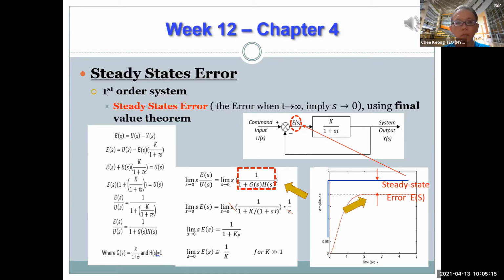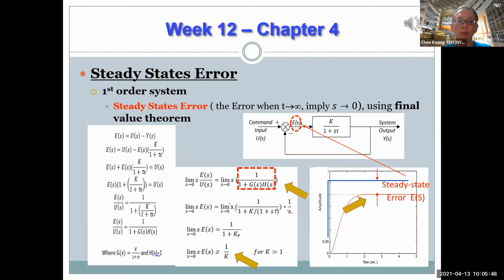E of s over u of s is always equal to 1 over 1 plus g of s times h of s. Same thing, we need to multiply this expression by the input unit step function, 1 over s. Simplifying, we will get 1 over 1 plus k when we set s equal to 0. Hence the steady state error for a first order system will tend to approximately 1 over k if k is much greater than 1.